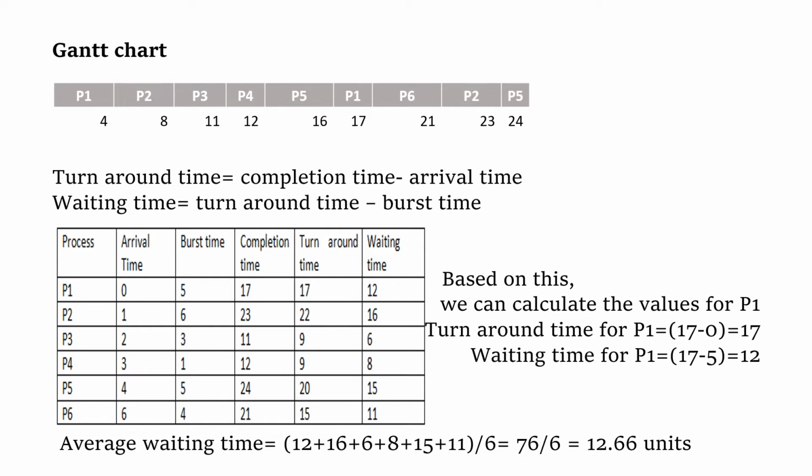And then process 6 is there in the ready queue. It has a burst time of 4, so it can be executed with the time quantum, and its completion time will be 21 milliseconds. Then P2 is coming. It has a remaining burst time of 2, so it will complete its execution at the 23rd millisecond.